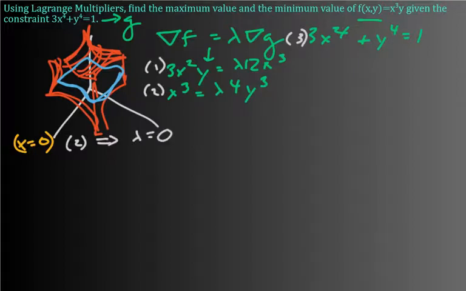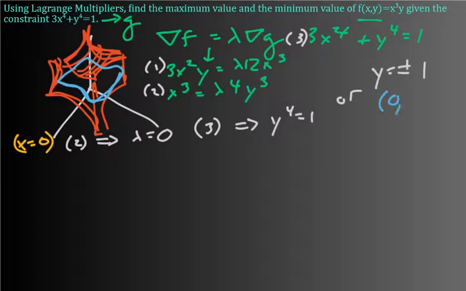Then if lambda equals 0, in the third equation we don't know anything about y per se, but this part would equal 0, so y to the fourth would equal 1, or y would equal plus or minus 1. Those are the two ways to make that work. So this gives me points of the form (0, plus or minus 1). These are some things I will have to check for the maximum and minimum part here.